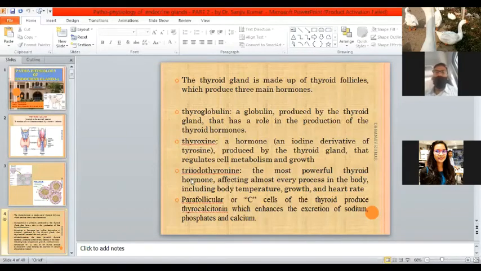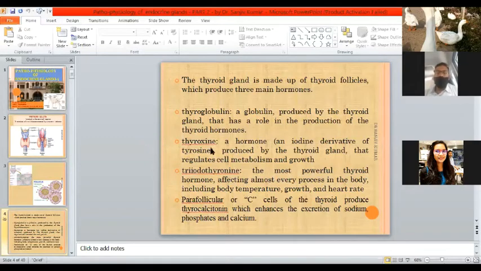Also, there is triiodothyronine. Other than these two hormones, I've told you that the parafollicular cells, that is the C cells, secrete thyrocalcitonin. These two hormones, that is T3 and T4, are under the control of TSH secreted by the pituitary gland. You know, the pituitary secretes TSH hormone.